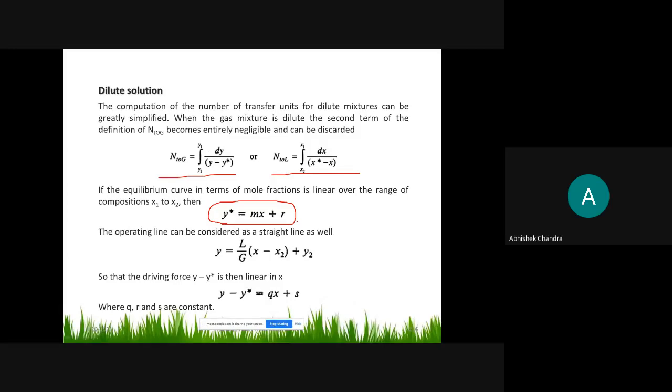And the operating line, similarly, is again a straight line. So the driving force y minus y star is again linear, because the operating line is linear and the equilibrium curve is linear. Here these constants r, q, and s are constant terms.